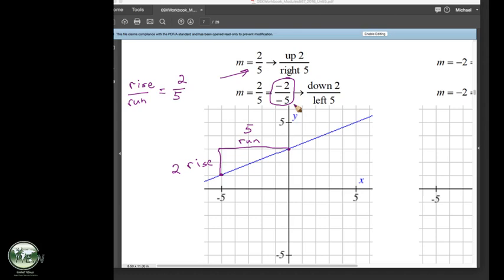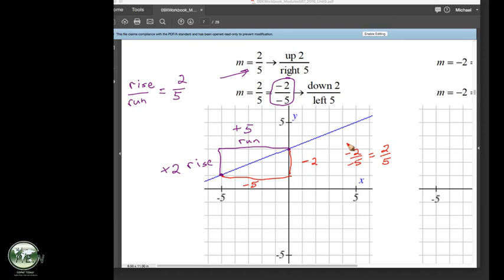This way we did it, they're both positive. We go the other way, in red, we could have come down 2 first and then back 5, and then had the ratio -2 over -5, where the negatives cancel, giving 2 over 5 for our slope.